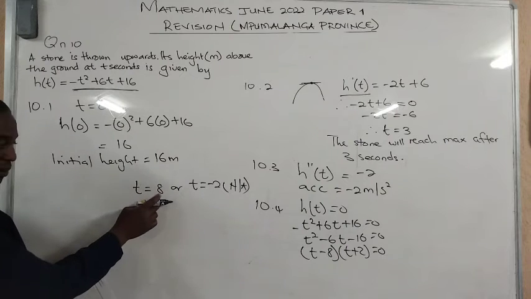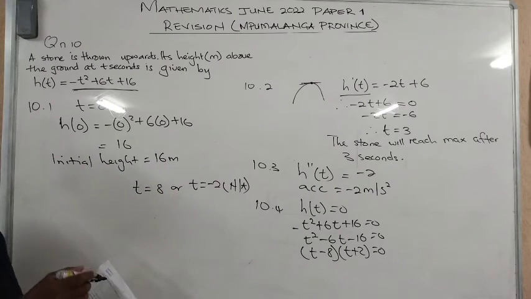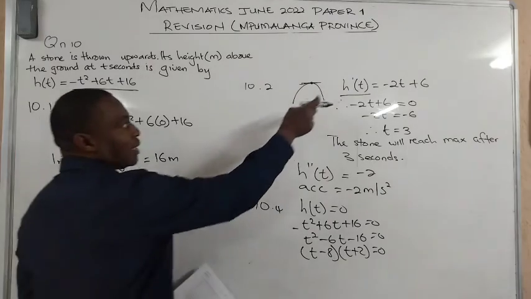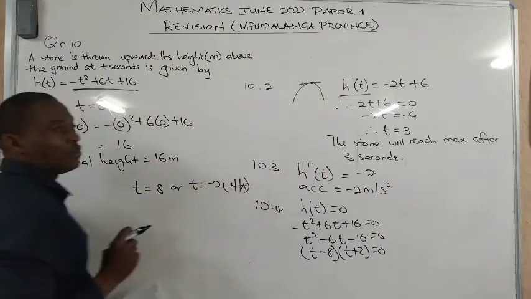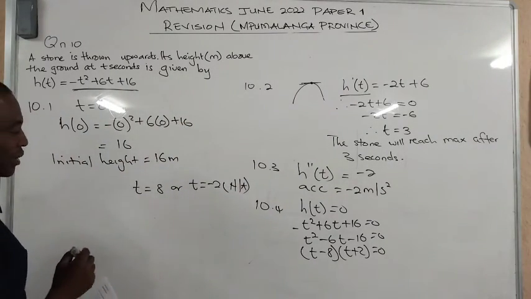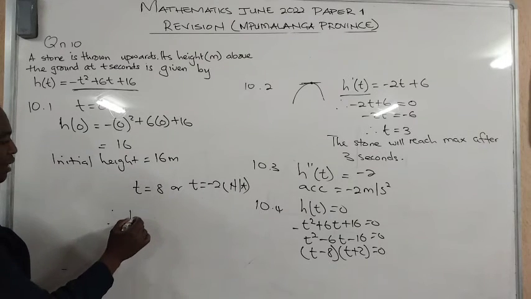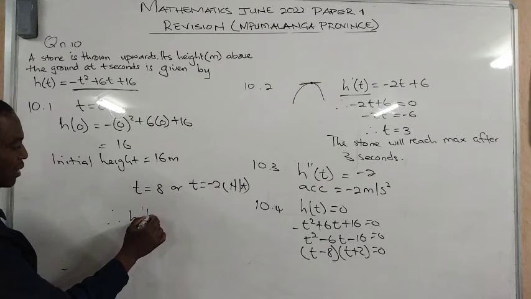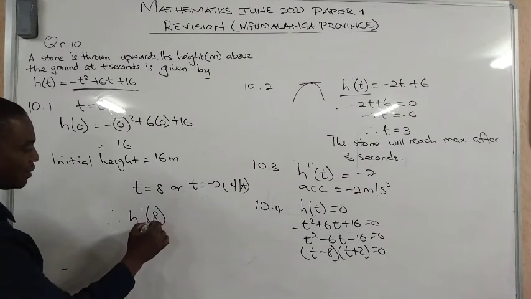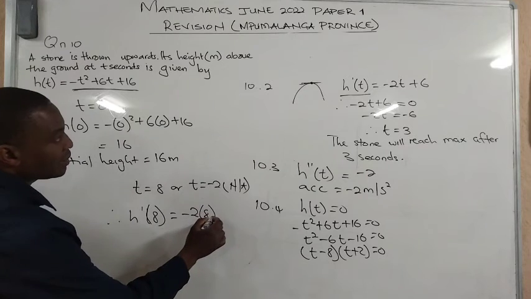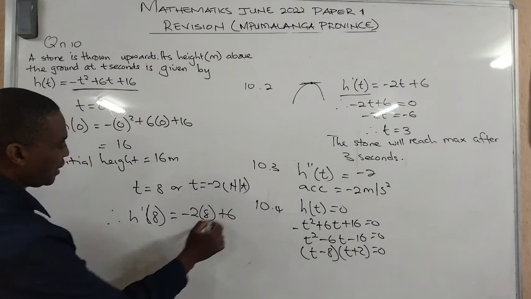So when t is equal to 8, what is the speed? How fast was the stone going? So we have now to substitute t in our velocity function. So the velocity when t is 8 will be equal to -2 by 8 plus 6.